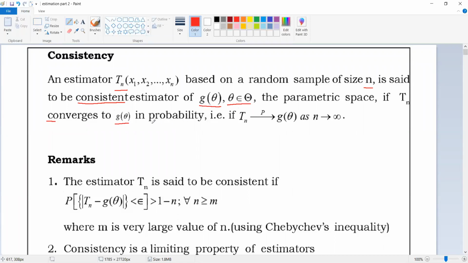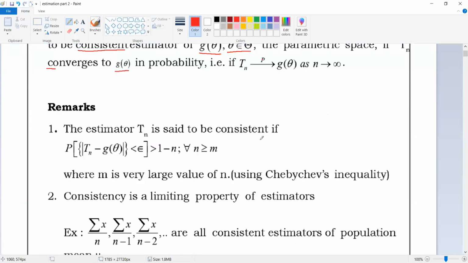So here we have defined the convergence to g of theta in probability. That is the notation of convergence. Tn is read as converges in probability to g of theta as n tends to infinity. Then Tn is said to be a consistent estimator of g of theta. So this is a very important concept.